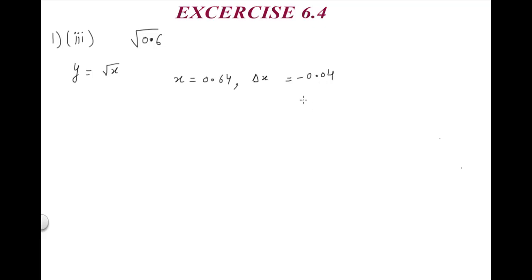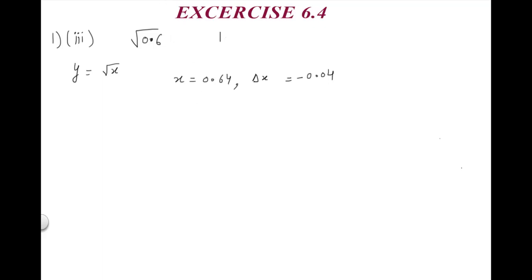Now most of you would have been trying to do it like 1 minus 0.4, right? But what we have to do is the delta x, which is change in x, should be very small, so we'll take this value, not this one. You will get the answer from that also, but this will be a more approximate answer.